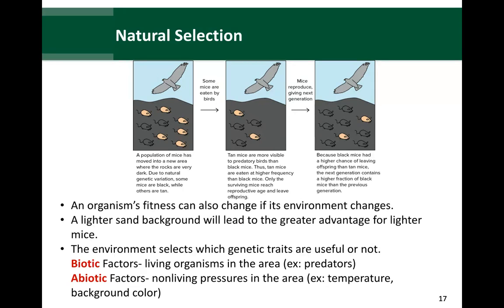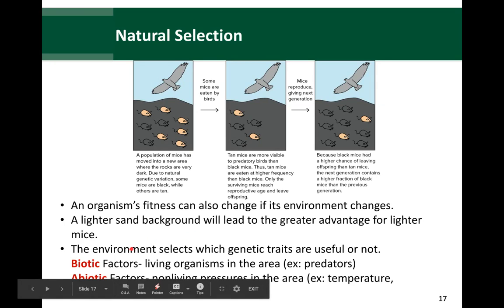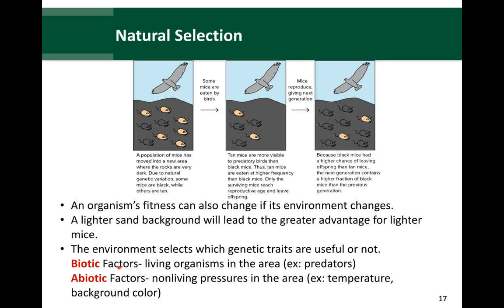So the idea is that the environment selects for which genetic traits are useful or not. And within the environment, we say that there's two factors. There are the living factors in the environment, such as predators, that may select. And then there are abiotic factors in the environment, such as temperature, that can select. So there's various pressures.